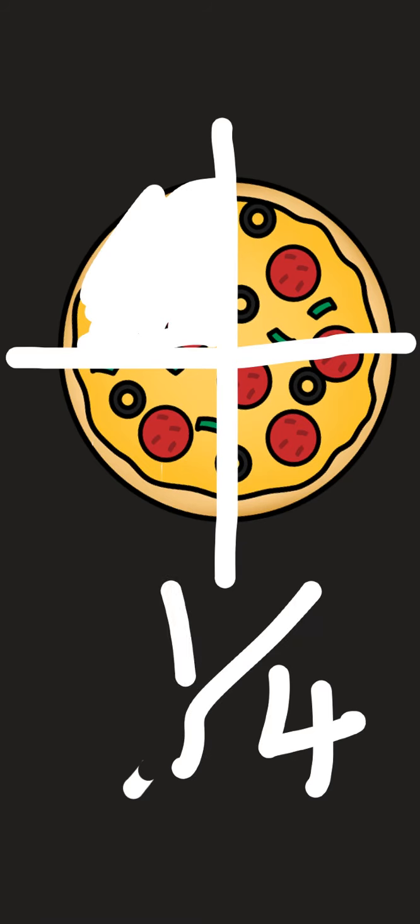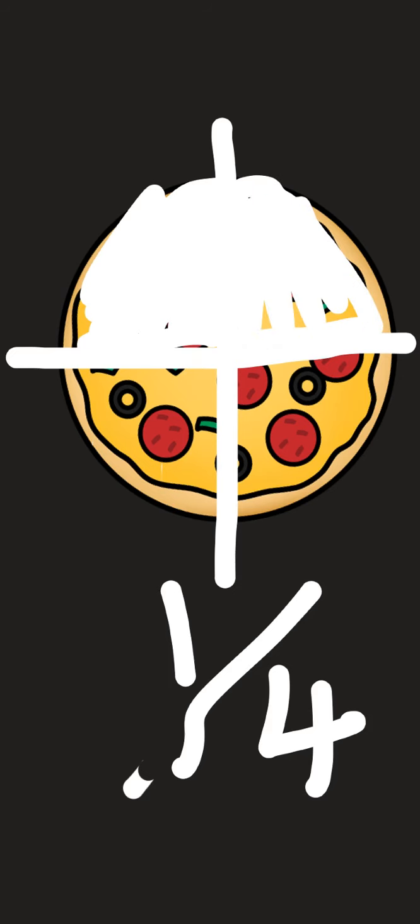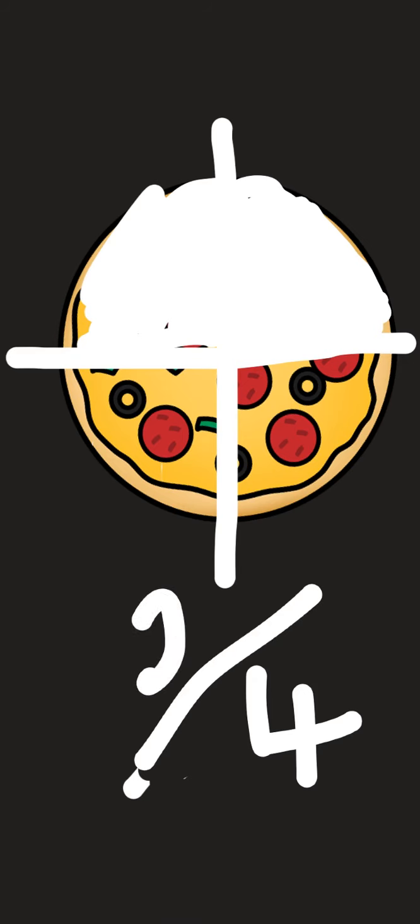If I was lucky enough to have 2 of the equal parts, then I would write the fraction as I've split the whole into 4 equal parts and I've got 2 of them. So that's 2 out of 4, 2 quarters.